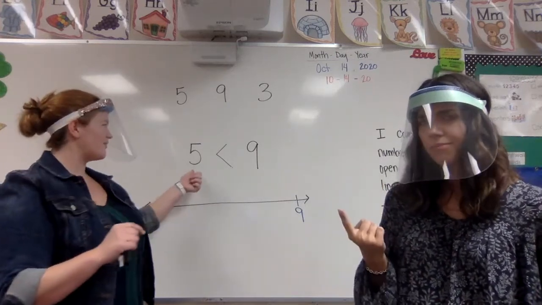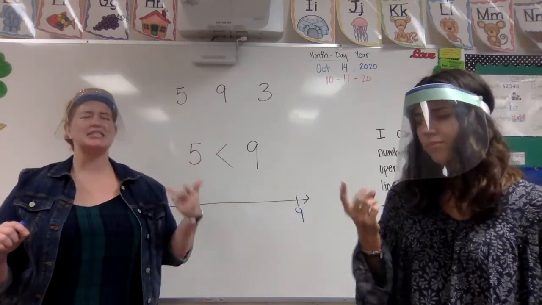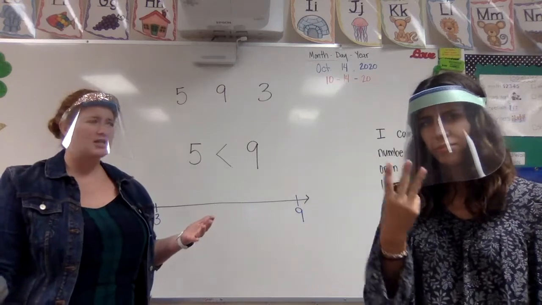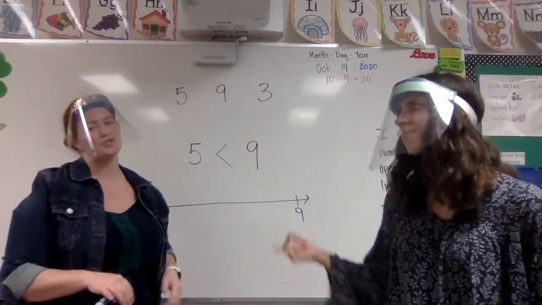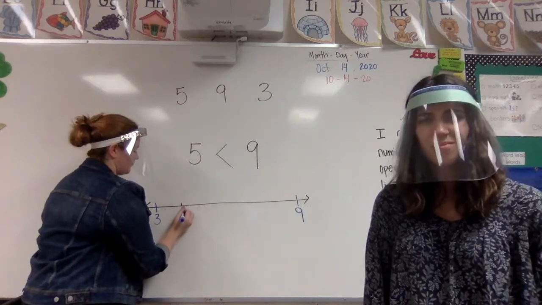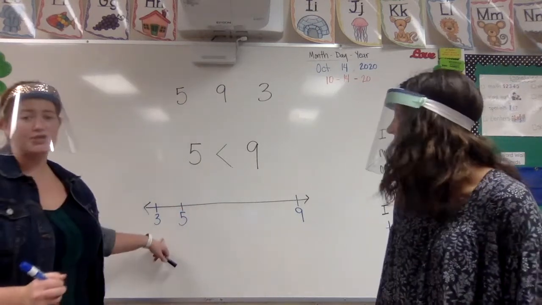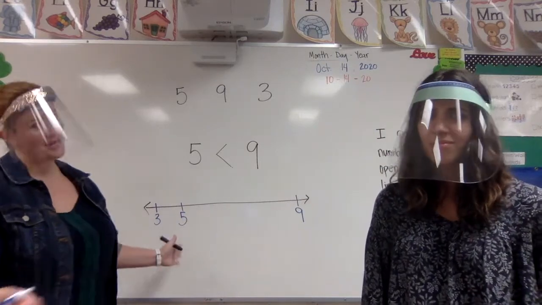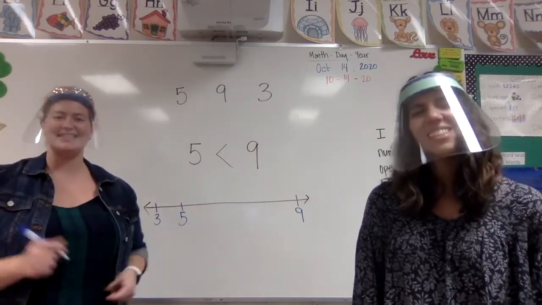And if I was counting from 5 to 9, it would be 6, 7, 8, 9. So there's 3 spots. It's still closer to the number 3. I'm going to put my 5 right here. It's much closer to the 3, but there's still a spot to put another number, number 4, if we had it.